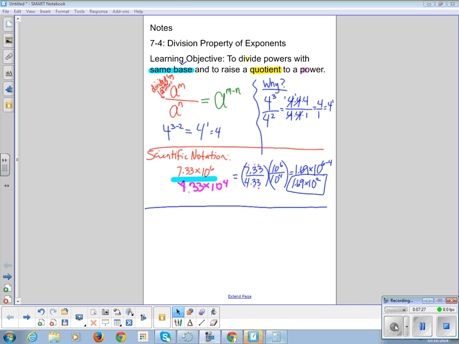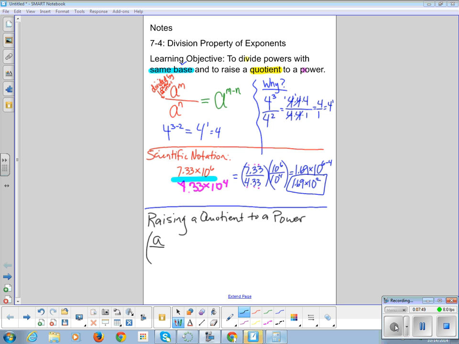All right, we have one more topic. This is raising a quotient to a power. And I picked the hardest example I could find so that you guys are prepared.